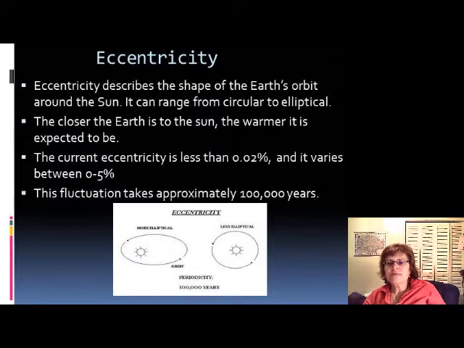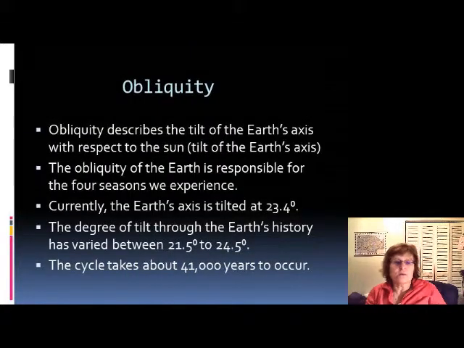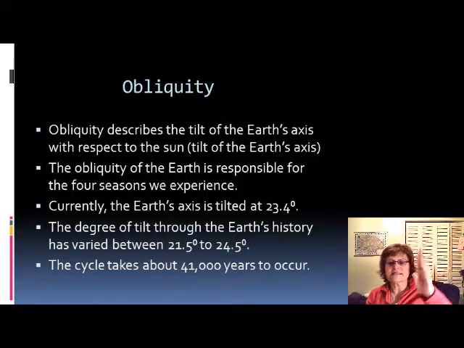The next parameter is the obliquity, and the obliquity describes the tilt of the Earth axis. So the Earth axis has a tilt, and this obliquity is responsible for the 4 seasons we have.